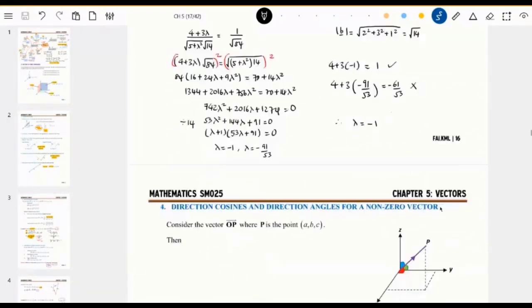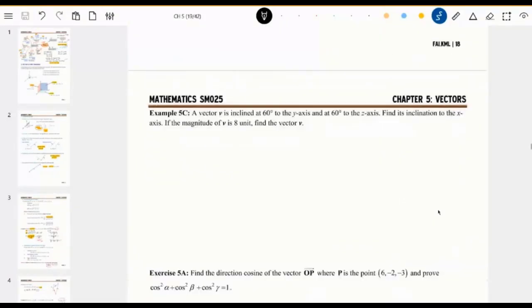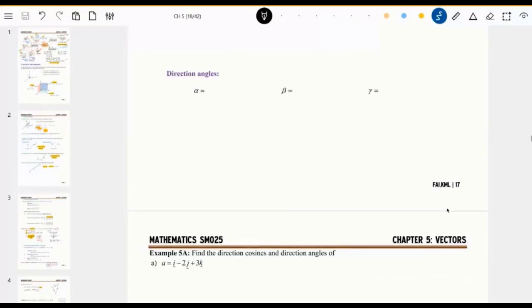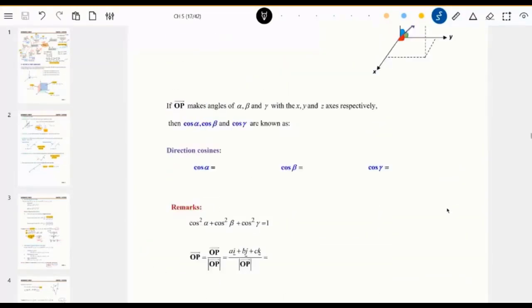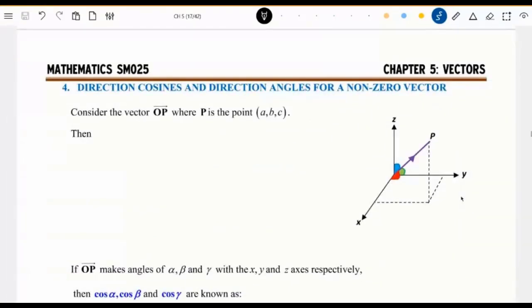So the next one adalah direction vectors. Okay, yang ini dia agak panjang juga, tapi never mind. So we do for this one as well. Direction cosine and direction angle for non-zero vector.